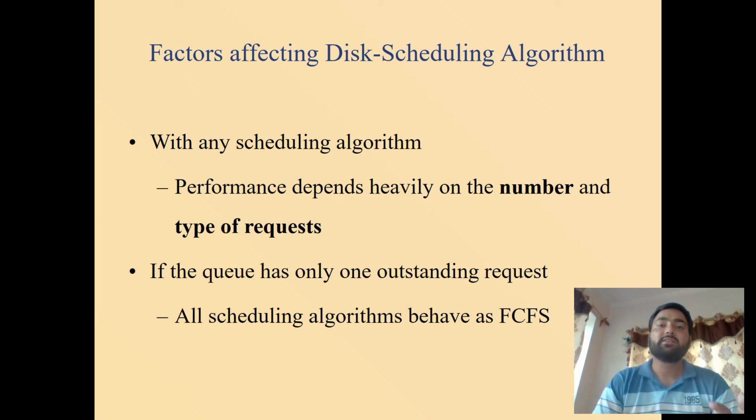For example, if there is only a single request in the system, then whether you use FCFS, SSTF, SCAN, C-SCAN, LOOK or C-LOOK, any algorithm you use, all will generate the same results in terms of time and performance. So the scheduling algorithm's performance depends heavily upon the number of requests and what type of requests are made by the system.